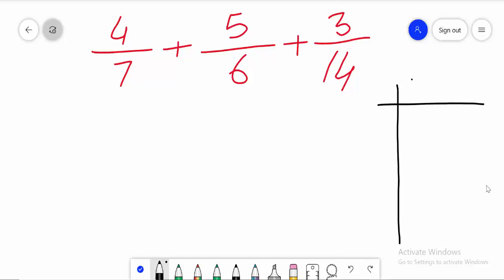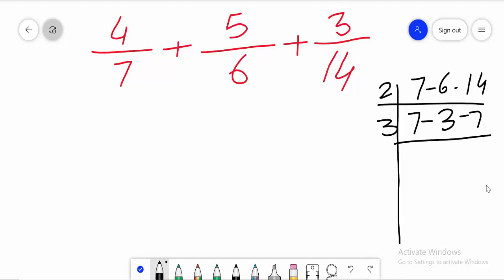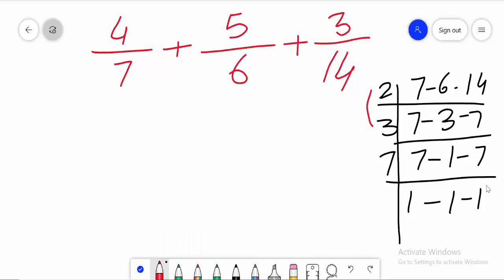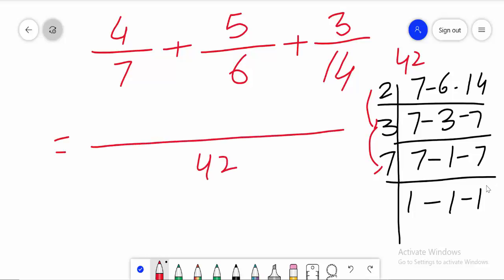Divide by 2: 7 as it is, 2 3s are 6, 2 7s are 14. Now divide by 3, 7 is the same, then 7, 7, 1, 1 and 1. Now simply multiply these factors: 2 3s are 6 and 6 7s are 42. 42 would be the LCM, so write 42 over here.